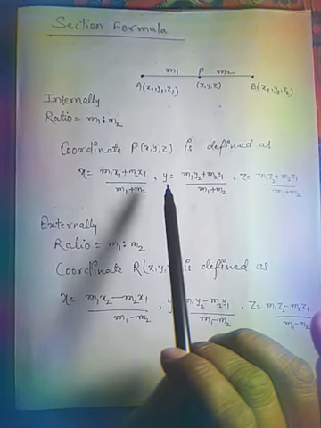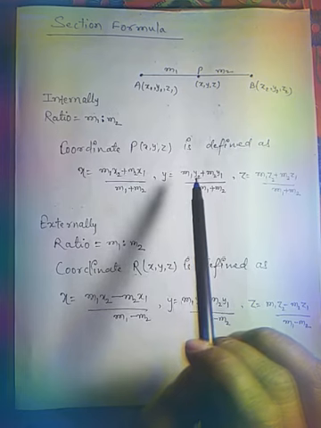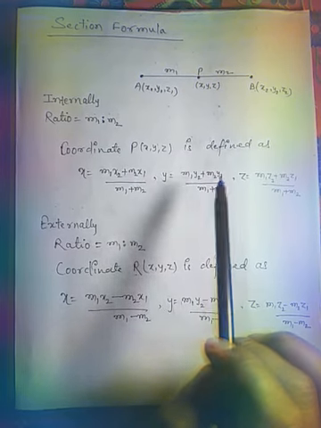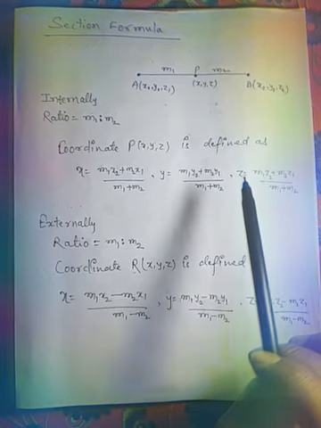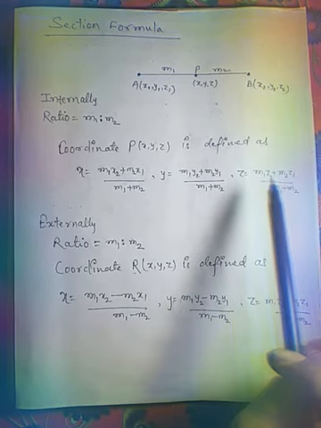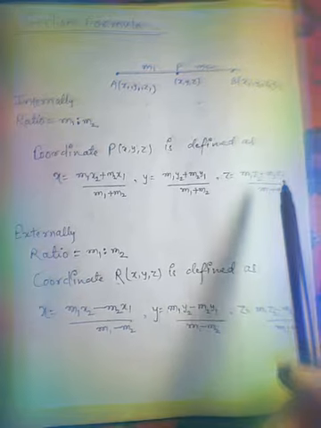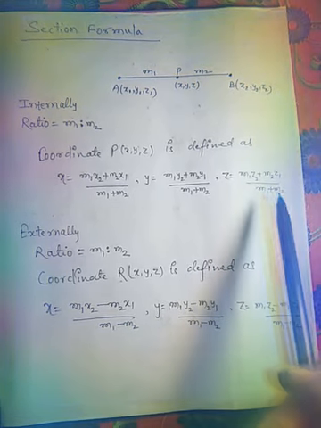For y coordinate, (m1 y2 plus m2 y1) by (m1 plus m2). For the z coordinate, (m1 z2 plus m2 z1) by (m1 plus m2).